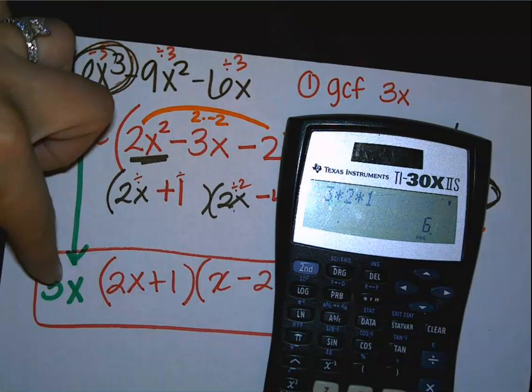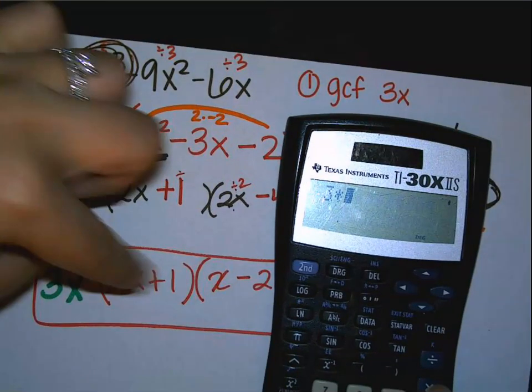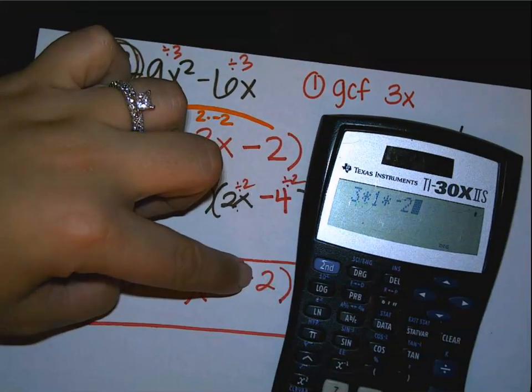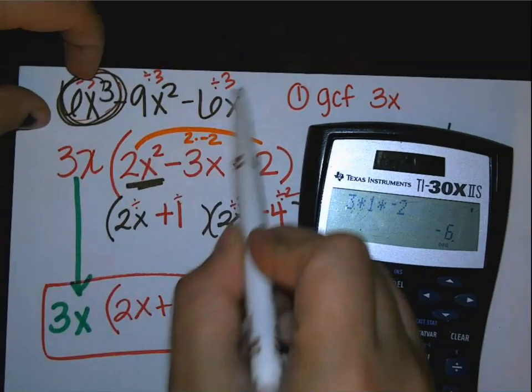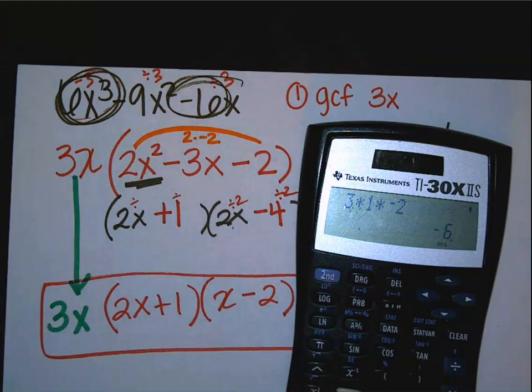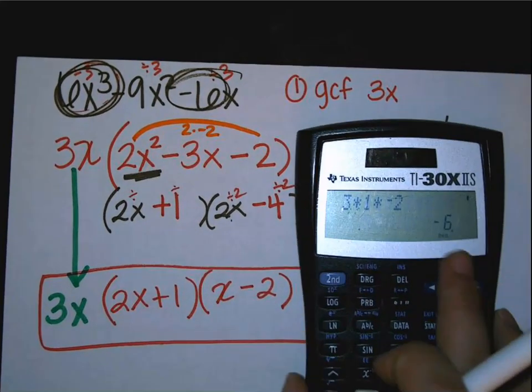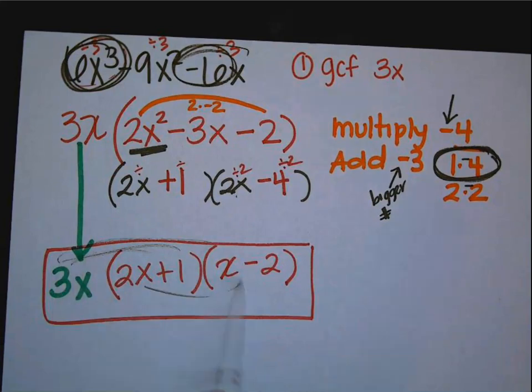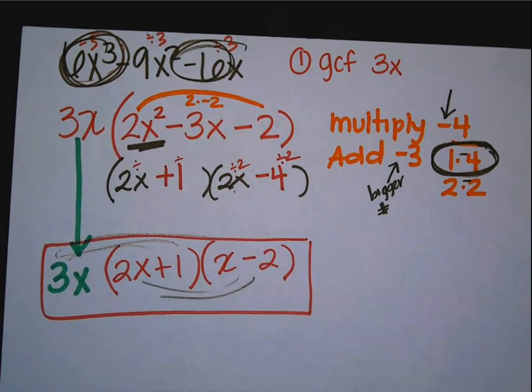Then you're going to take the 3 and multiply it by the last number in the parenthesis, and make sure you get this number here. If you do, that doesn't mean you're right. It means you should feel good about your answer. If you want to make sure you're 100% correct, you have to multiply all of this out, FOIL it. That takes a little longer than that quick check.